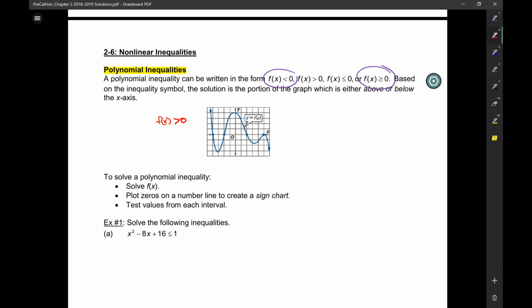The part below the x-axis are all your negative values of y. So if I say f of x is greater than 0, I want the regions where my function is positive. So that's this region here, that region there, and that's it for this, right? All that in the red are the regions where f of x is greater than 0, where the function is positive.